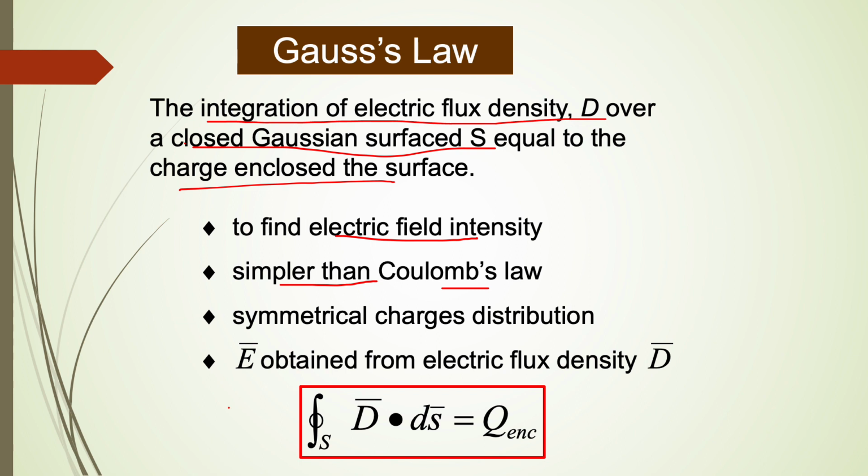You have to ensure that the charge distribution on that particular surface or structure is symmetrical. Then you are able to obtain E from the electric flux density, where we already know D is equal to epsilon naught E. This is the formula of Gauss's law: the closed surface integral of D dot dS is equal to Q enclosed.